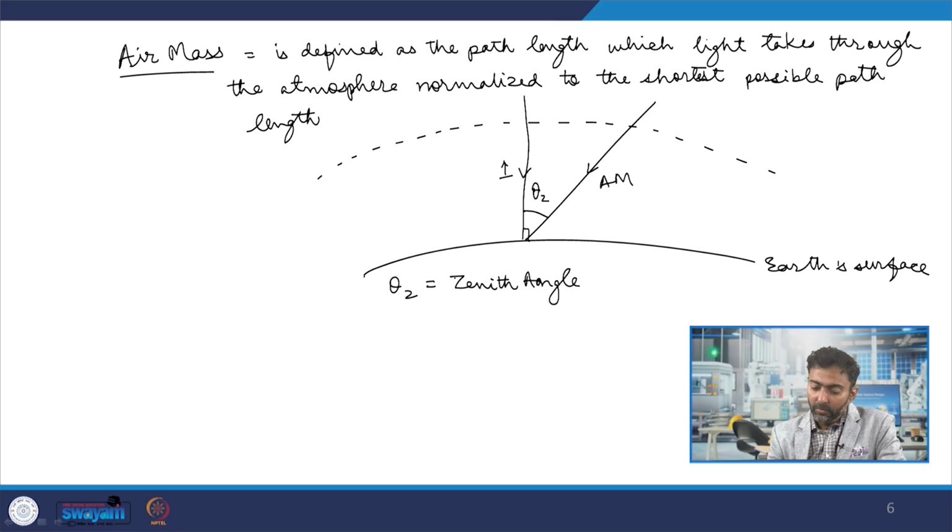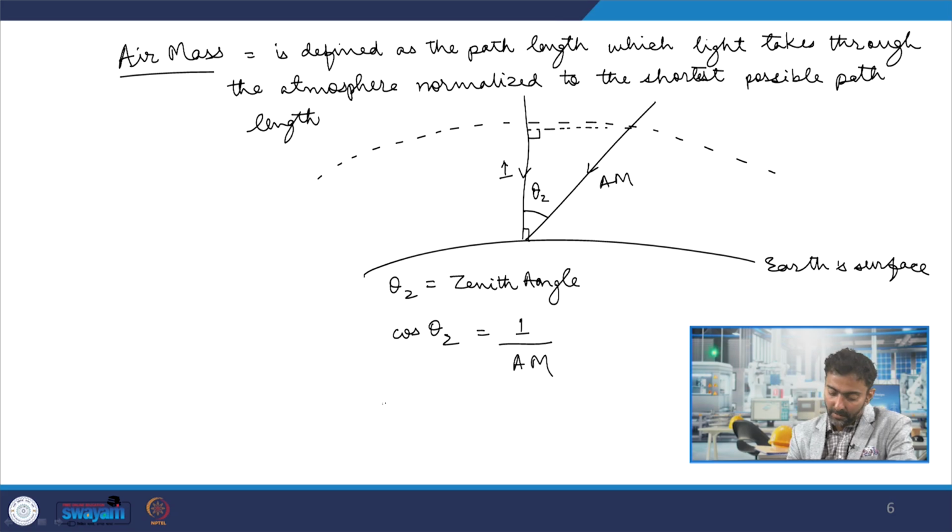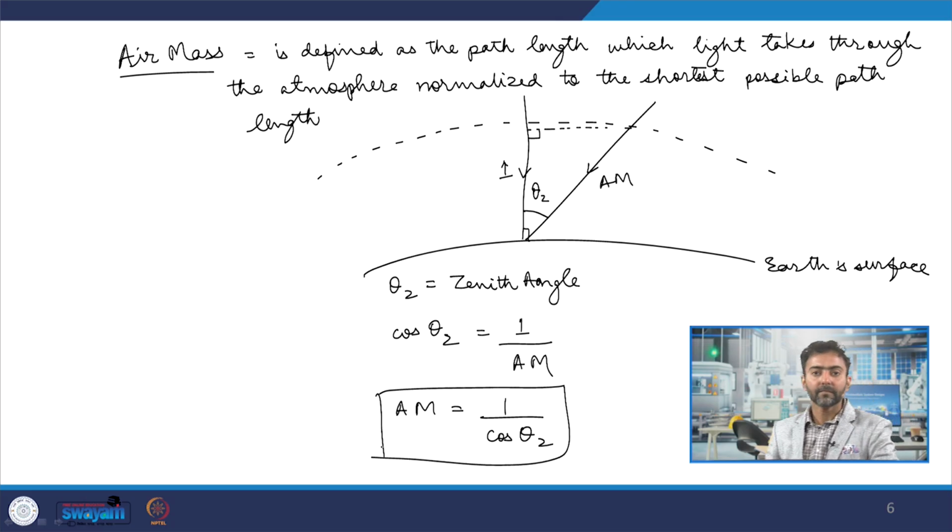So, if we do a very simple trigonometric exercise here, so let us assume perpendicular here and we write this cos of theta z, this will be nothing but 1 by air mass, and therefore, air mass comes out to be 1 by cos of theta z. So, that is the air mass.